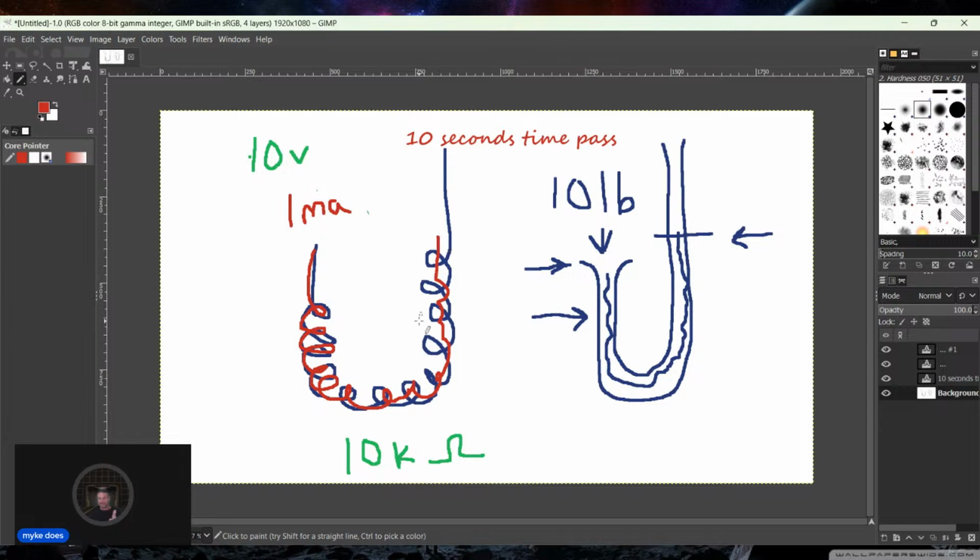Well, however long it takes to saturate this coil with current, with that 1 milliamp, doesn't matter because you still have the 10 volts of pressure behind it. So let's say in 10 seconds, it saturates halfway through the coil, the 1 milliamp.